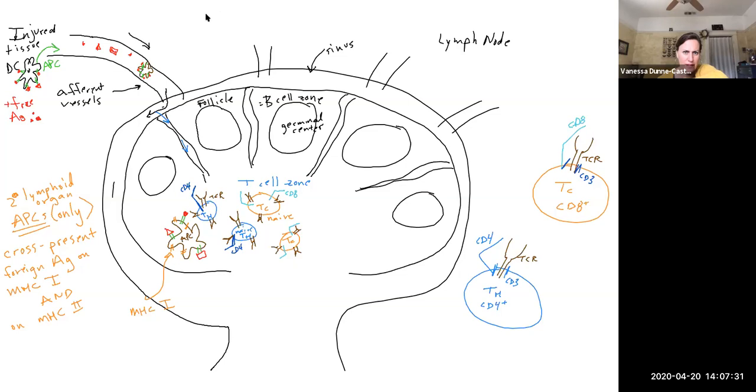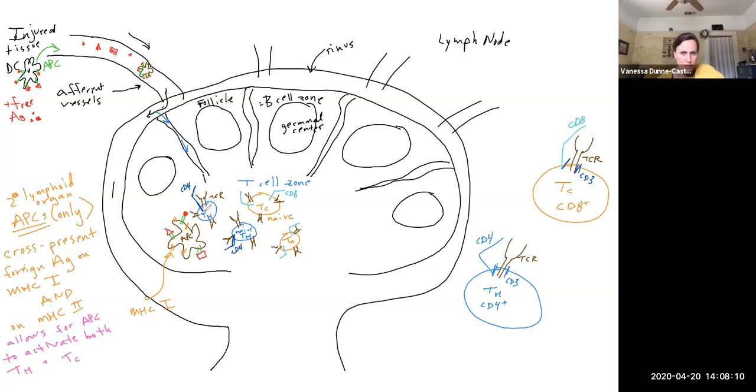So this allows an APC to activate both T helper cells and cytotoxic T cells.